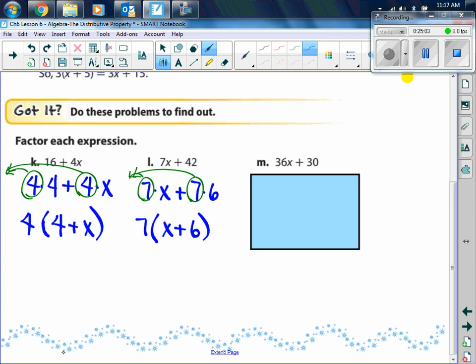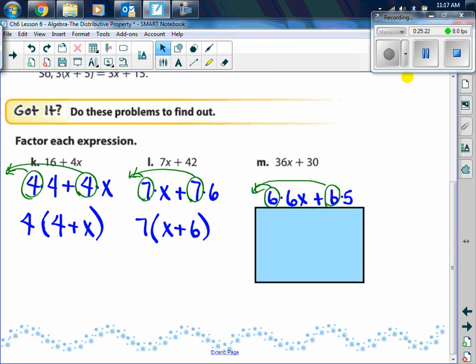This one's a little different. So for problem M, the greatest common factor between 36x and 30 is 6. So we're going to rewrite the expression as 6 times 6x plus 6 times 5.